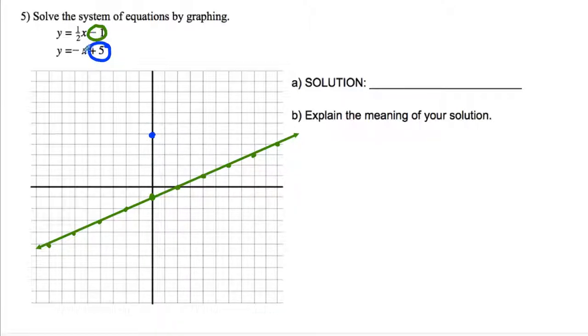And then my slope, well, -x means it's like -1x, so my slope is -1. Down 1/1, down 1/1, down 1/1. I can see this is where I'm going to intersect, right there. And I'll do a couple past. I don't have to go any farther because I know my intersection is this point right here.